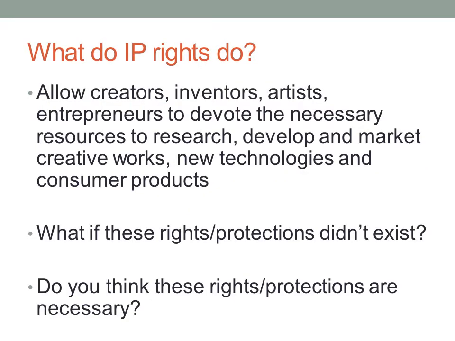What do intellectual property rights do? They allow creators, inventors, artists, and entrepreneurs to devote the necessary resources to research, develop, and market creative works and new technologies and consumer products.